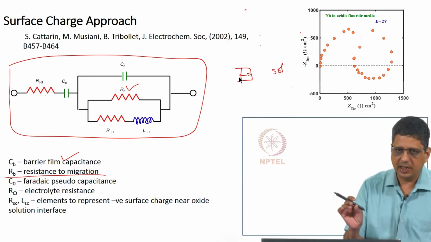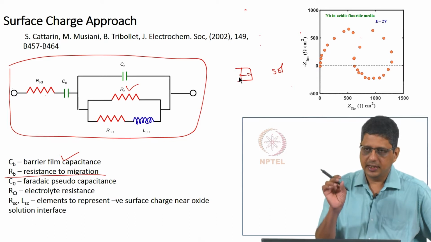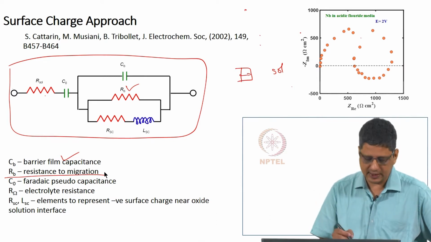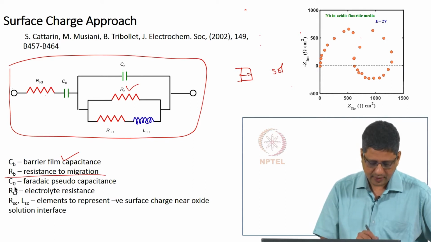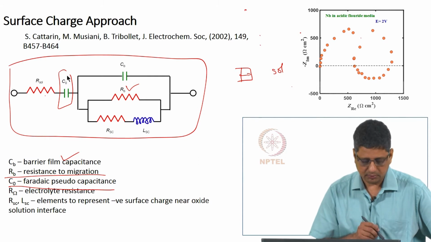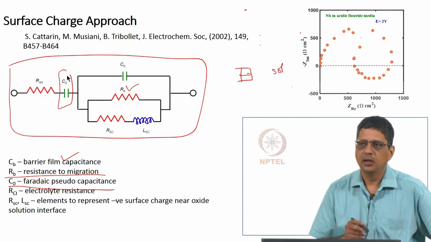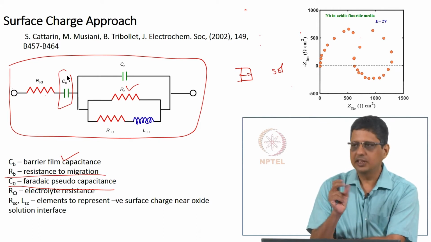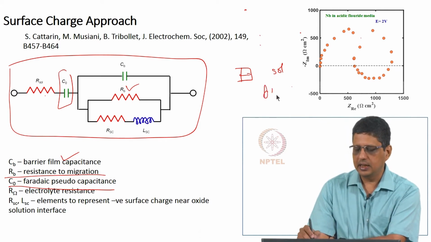So, it is a semiconductor, it has a capacitance, it has a resistance to migration of the vacancies and interstitials. This C0 is called Faraday's pseudo capacitance. This can be visualized as the variation of film thickness with potential, that is dL by dE.